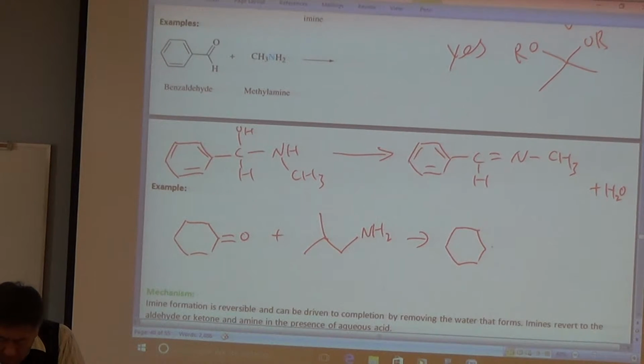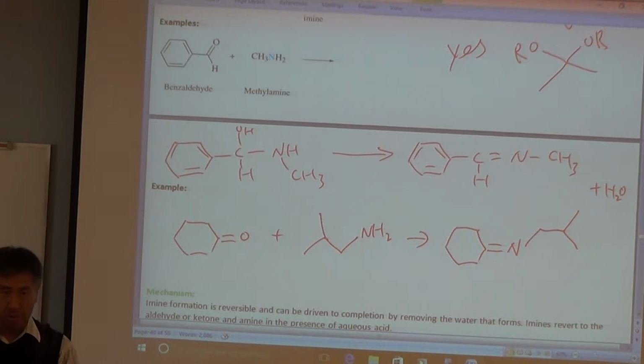For the imine, you replace the initial carbonyl double bond by a bond between the carbon and N. And you still have this isobutyl, plus H2O.